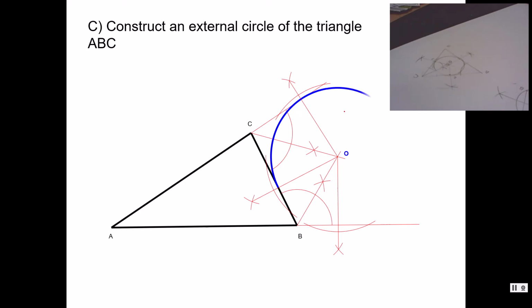At the end we get the circle of triangle ABC.